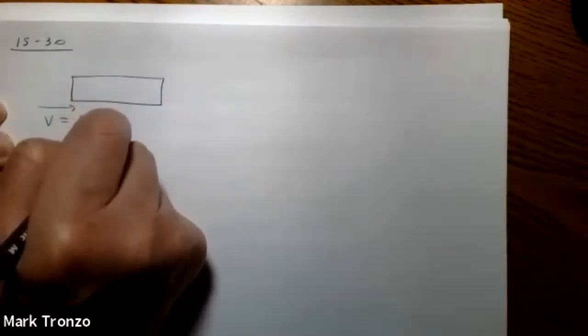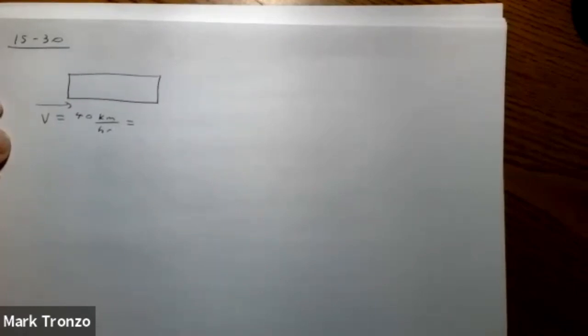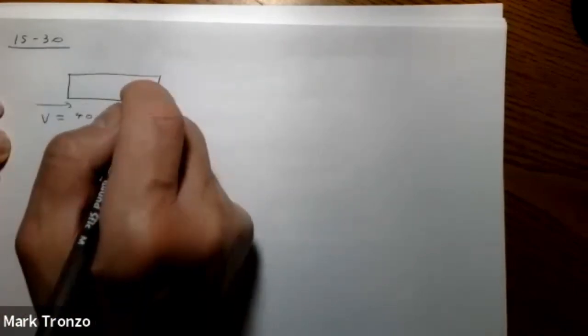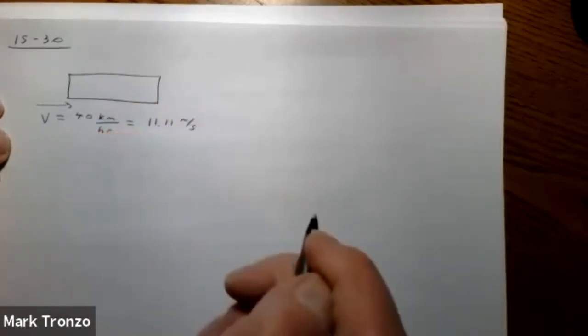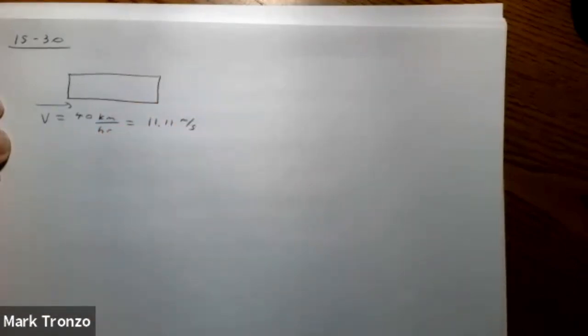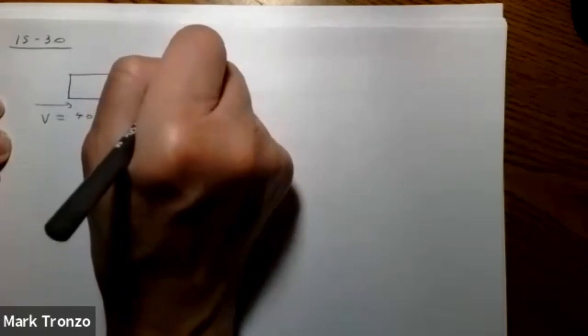So this thing is moving, the velocity is 40 kilometers per hour. And that's 40,000 meters per hour divided by 3,600, which gives us around 11.11 meters per second. And the plane is 7,000 kilograms.